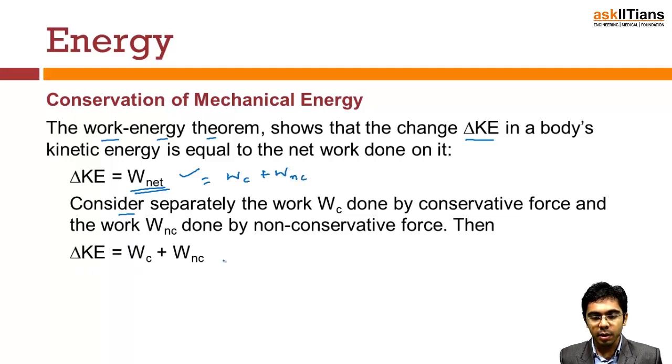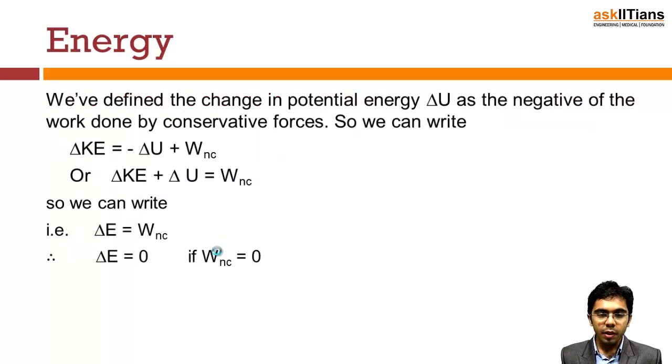This is what we are going to get: the change in kinetic energy will be equal to the conservative work plus the non-conservative work. As we have already defined, the change in potential energy is the negative of the work done by the conservative force.